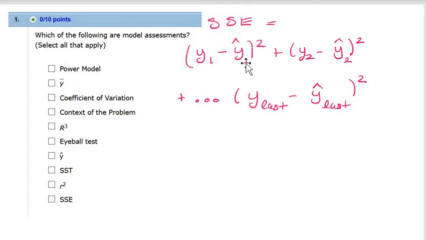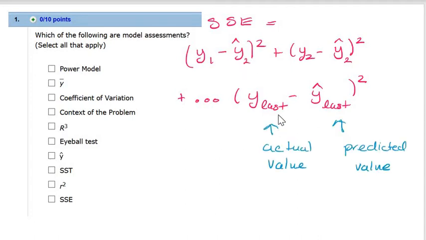Let's suppose I have a model that predicts that. Well, I'd want to know how much error there is. And so I would take the actual knees to elbows and my model's predicted knees to elbows and subtract them. And I square it so that some of my things aren't positive and negative and end up canceling out and giving me zero error. So I square everything so that they're above zero.